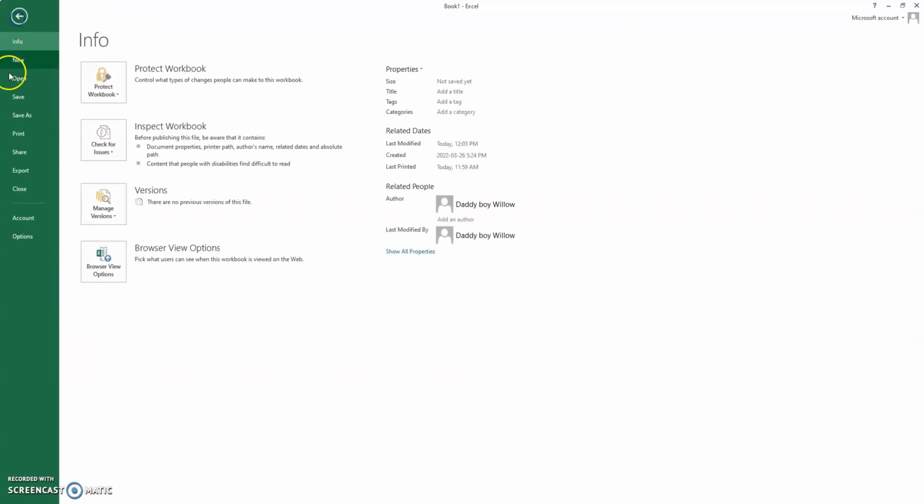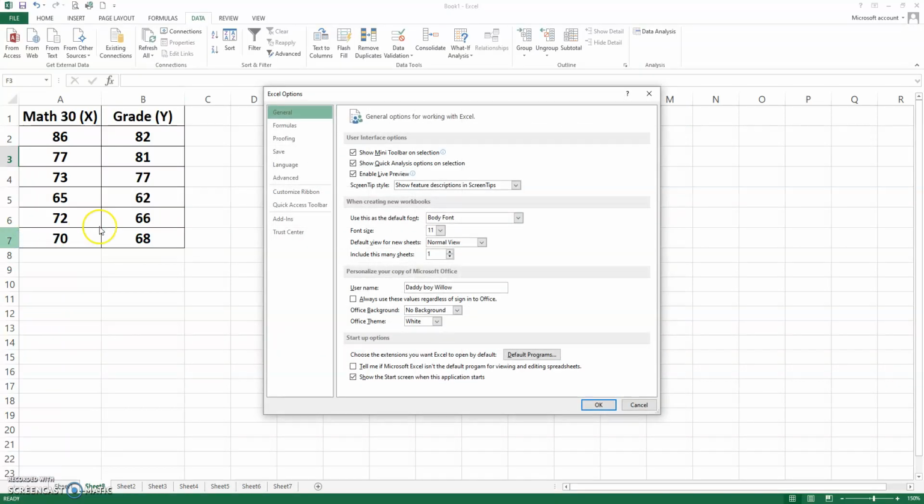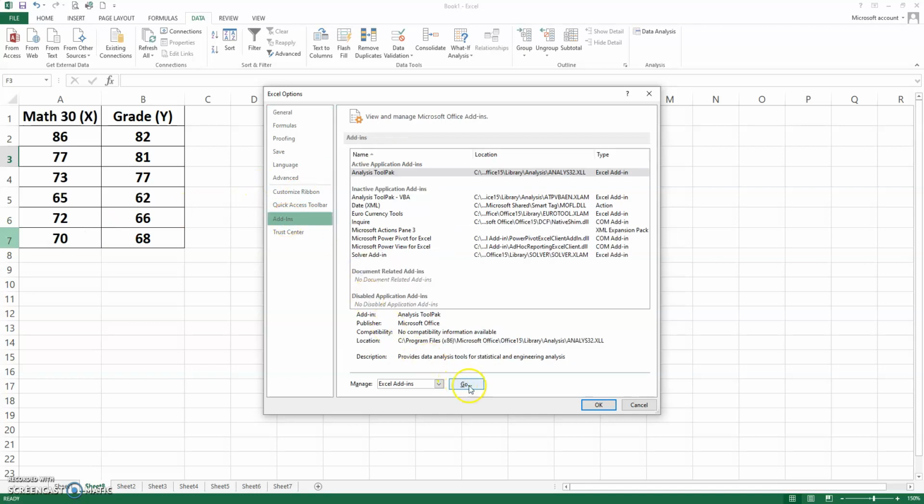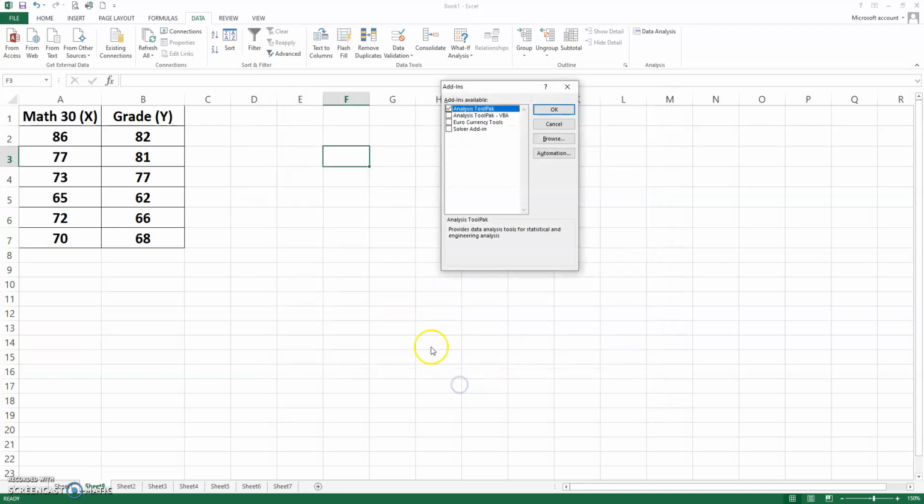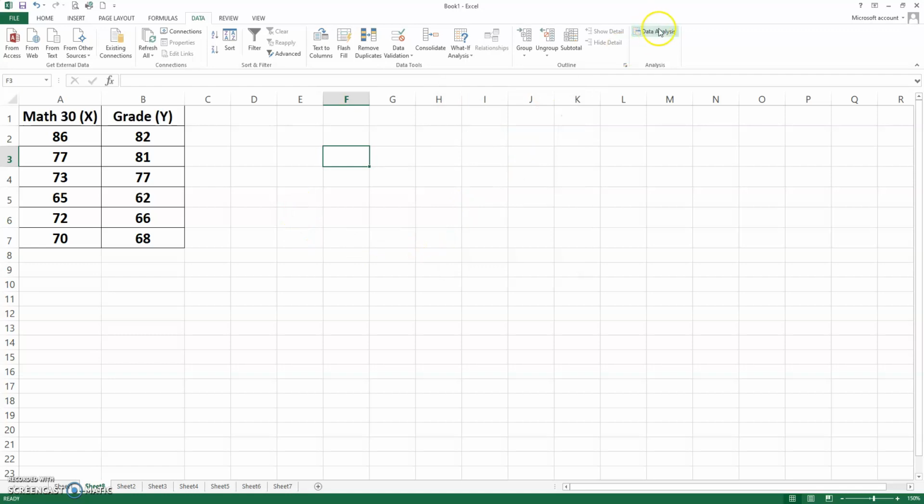So we have to go File, Options, Add-ins, click Go, and make sure the Analysis ToolPak is checked, and then we can click OK. And then it's going to show under the Data tab, the Data Analysis.